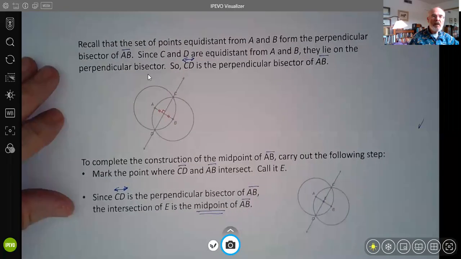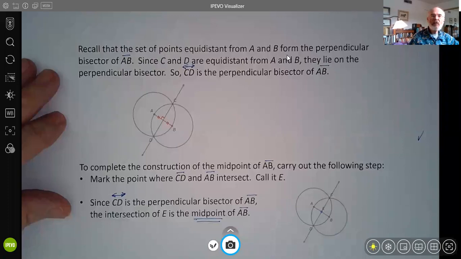The set of points equidistant from A and B form the perpendicular bisector of A and B. Why do we know that? Because by creating the interlocking circles with a shared radius, we've created 90-degree angles here. And so that means the line segment AB is the perpendicular bisector of this line CD.